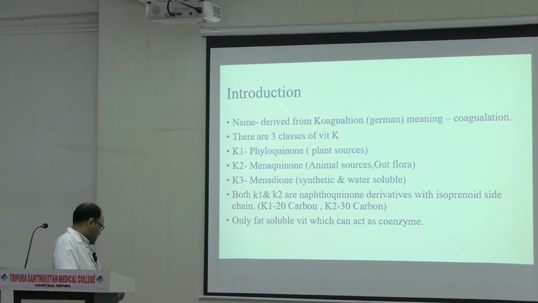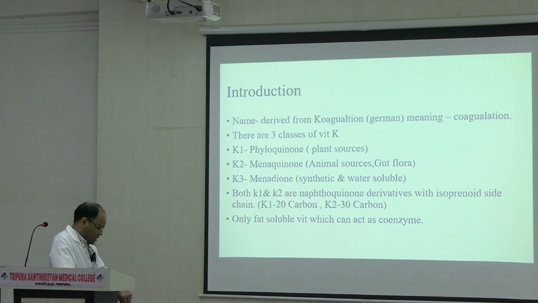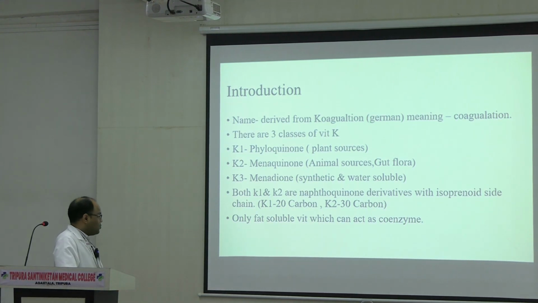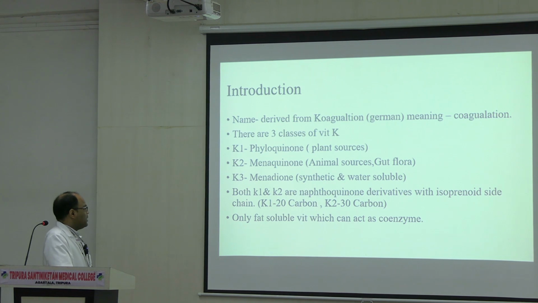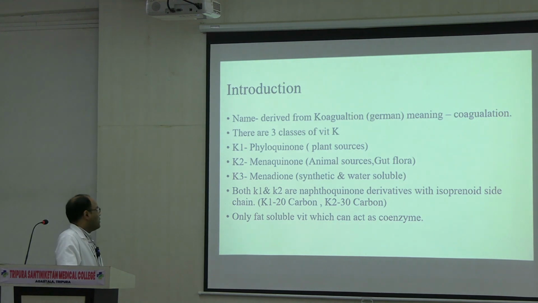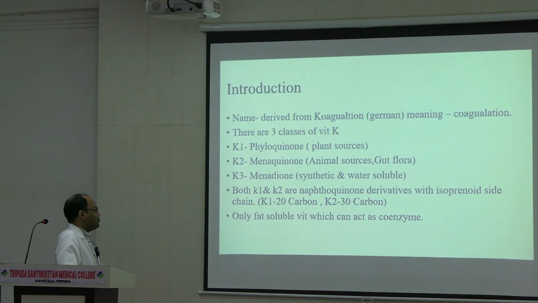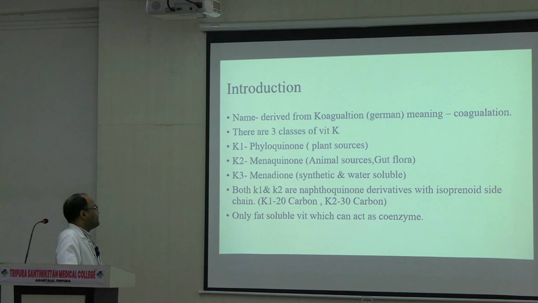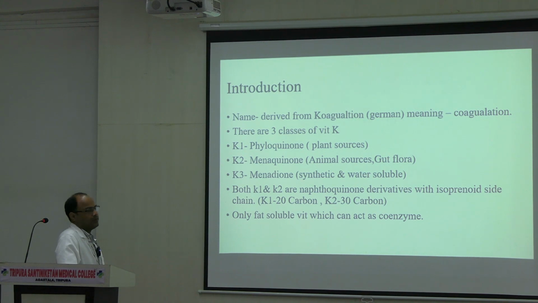There are three types of vitamin K: K1, K2 and K3. K1 and K2 are fat soluble, whereas K3 is water soluble. K1 is also called phylloquinone, with a 20 carbon isoprenoid side chain, found only in plant sources such as green leafy vegetables.